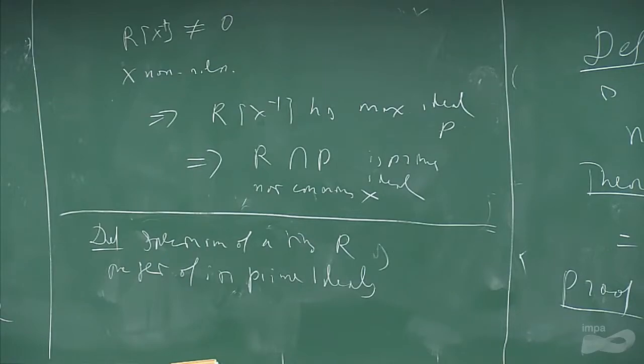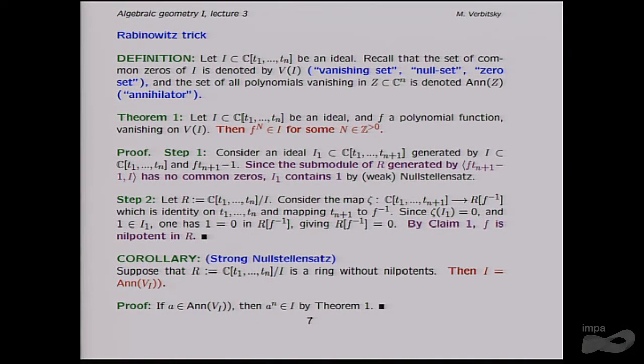Okay. Now this is something which van der Waerden calls the Rabinowitsch trick, after a scientist. I don't know anything about this scientist, but it's simple, and it is what is used to prove the Nullstellensatz. It's proved with localization.